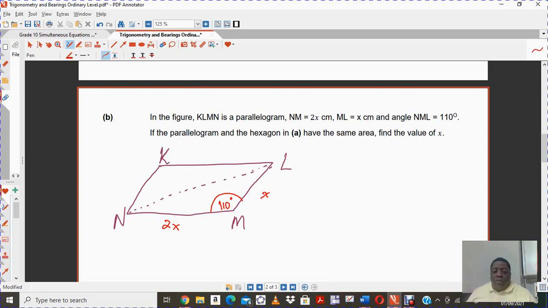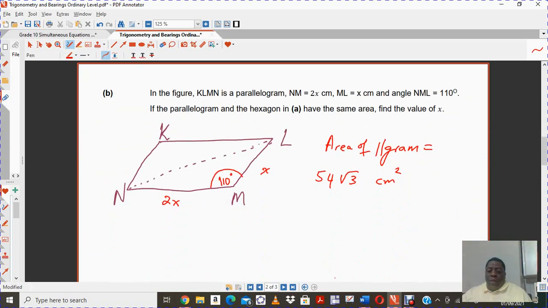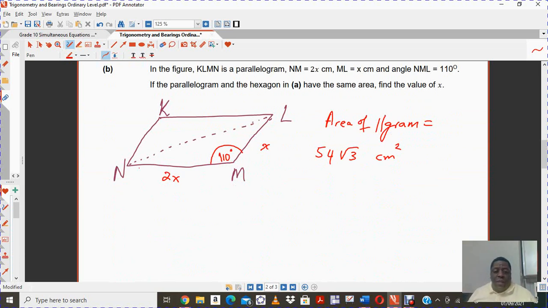Right. So we also know that the area of the parallelogram is equal to 54√3 square centimeters. That comes from our previous answer in part A. This diagonal divides the parallelogram into two congruent triangles, which means the area of the first triangle and the area of the next one are exactly equal.